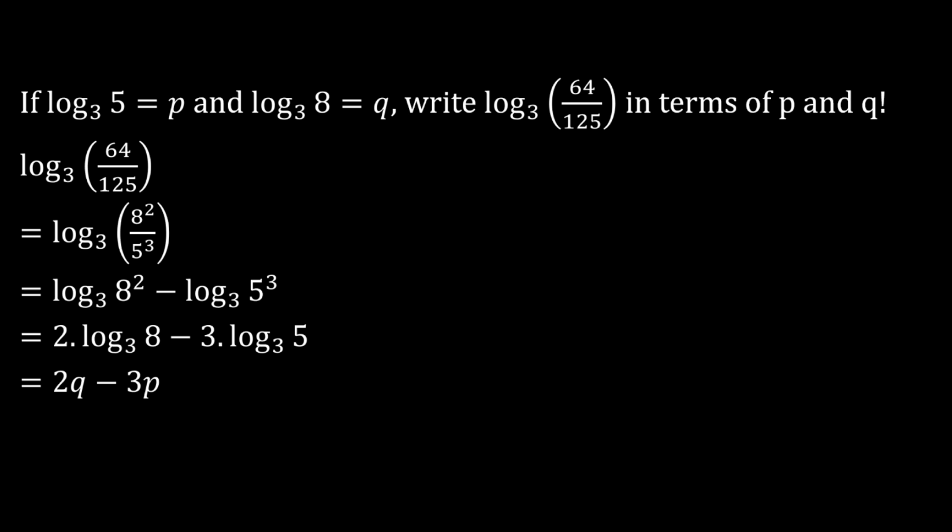Okay, logarithm of 64 over 125 to the base 3 equals logarithm of 8 to the power of 2 over 5 to the power of 3 to the base 3, which equals logarithm of 8 to the power of 2 to the base 3 minus logarithm of 5 to the power of 3 to the base 3, which equals 2 times logarithm of 8 to the base 3 minus 3 times logarithm of 5 to the base 3.